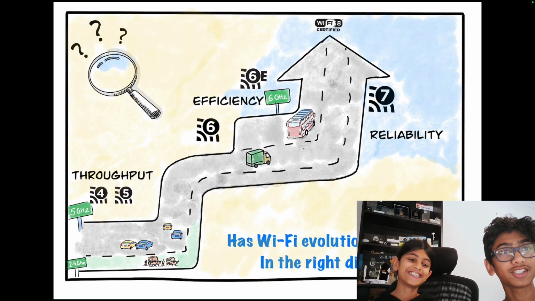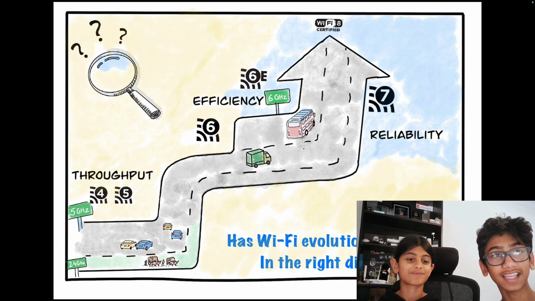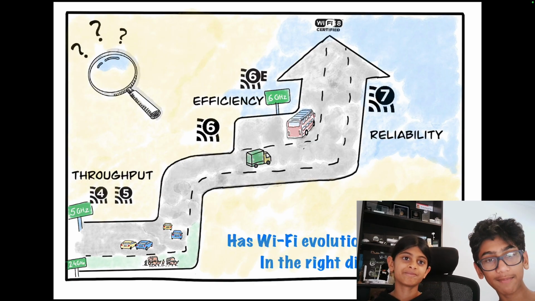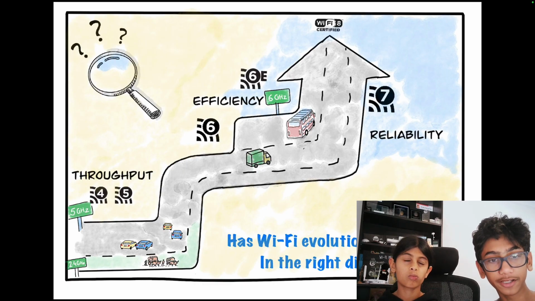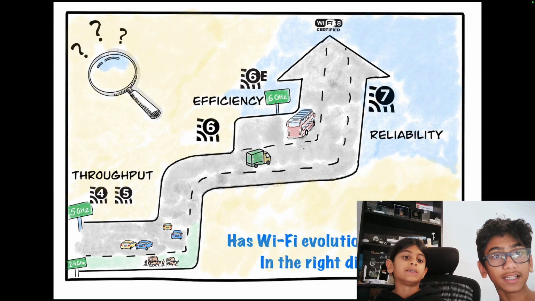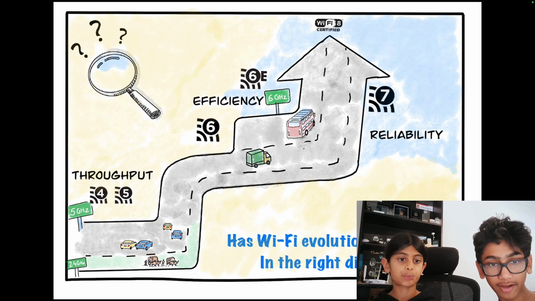Well, say it like this. When Wi-Fi first came out, it had only one road, which was 2.4 gigahertz, the only band at the time. And it was sort of like a dirt road that carts had to go on, and the carts held boxes. The boxes represent data and the cart represents the client device.